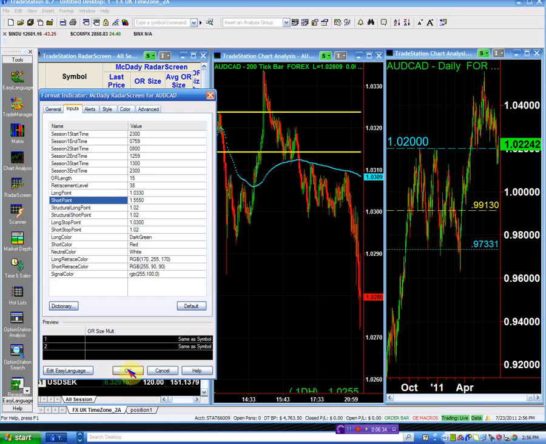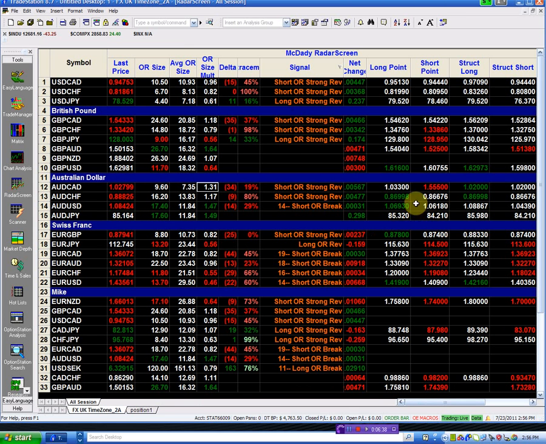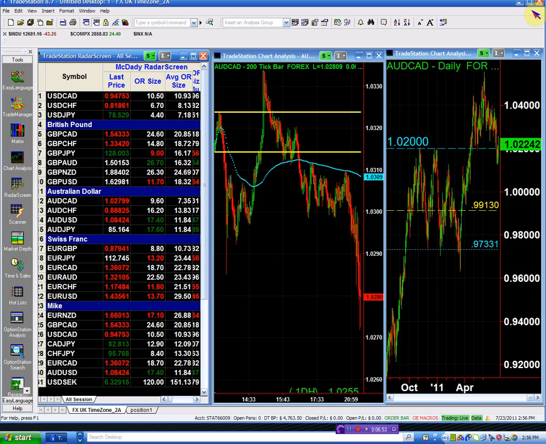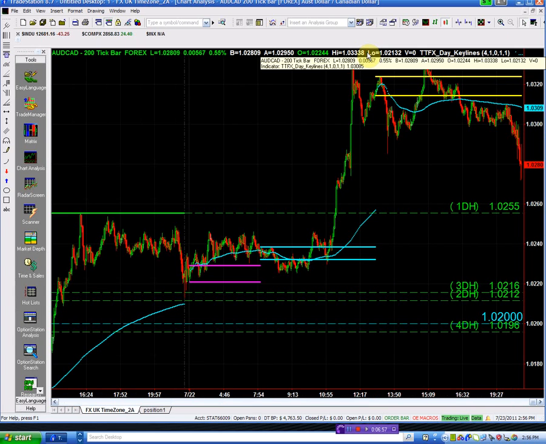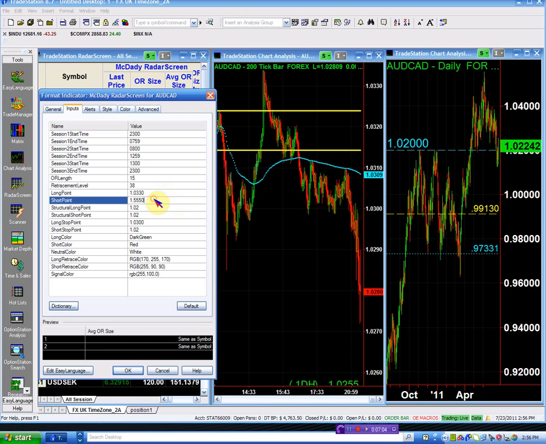Okay, so just to wrap up the Aussie CAD, we are going to be buying the Aussie CAD above 103.30. Just a second, there seems to be some... We're going to go short the CAD below 102 even.